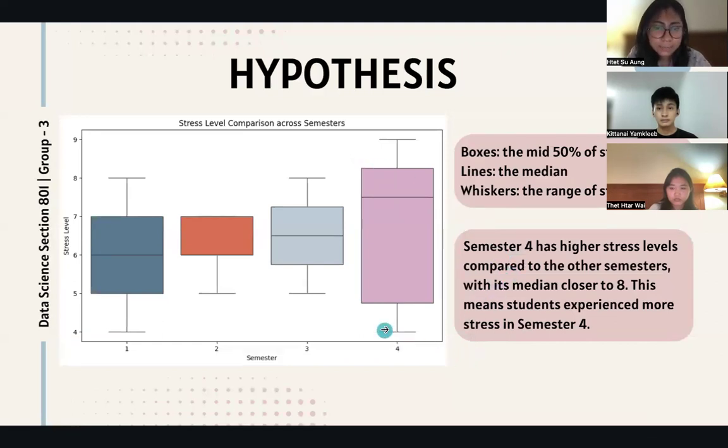As we can see, semester 4 has a wide range and semester 2 has a smaller range in terms of stress level, which means in semester 4 students have various stress levels, and in semester 2 most of them are feeling a 6 or 7 stress level.